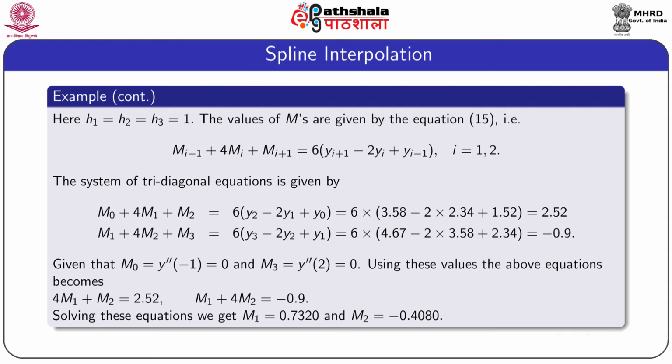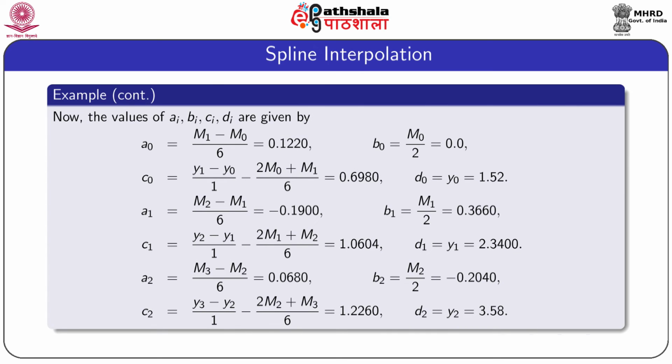So, these two are very simple and we can solve these equations by any method, and we obtain the solution as m1 equal to 0.7320 and m2 equal to minus 0.4080. Thus, we obtain all the values of m0, m1, m2 and m3.